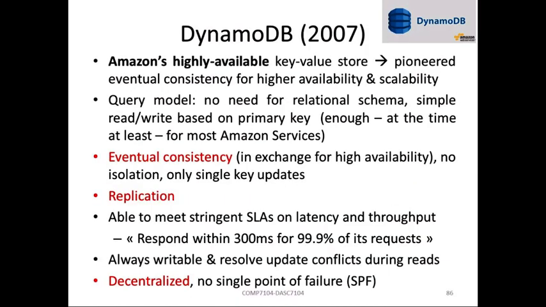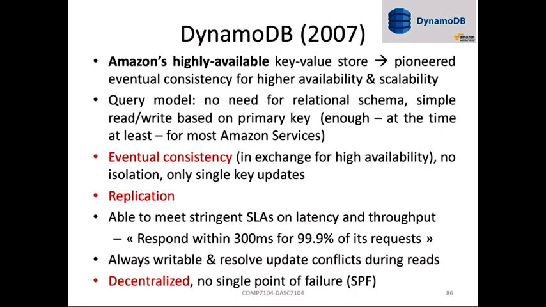And so one of the initial and most popular examples of key value stores is the DynamoDB system, which comes from Amazon. It's also one of the few NoSQL systems which is not free, open source, and so on.